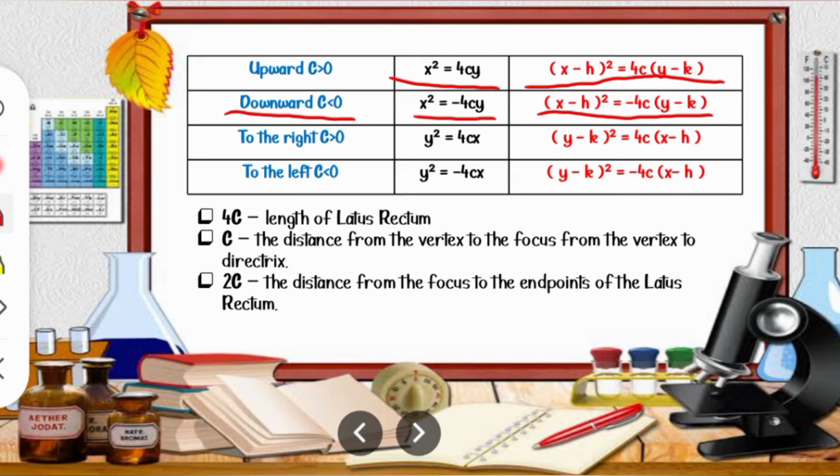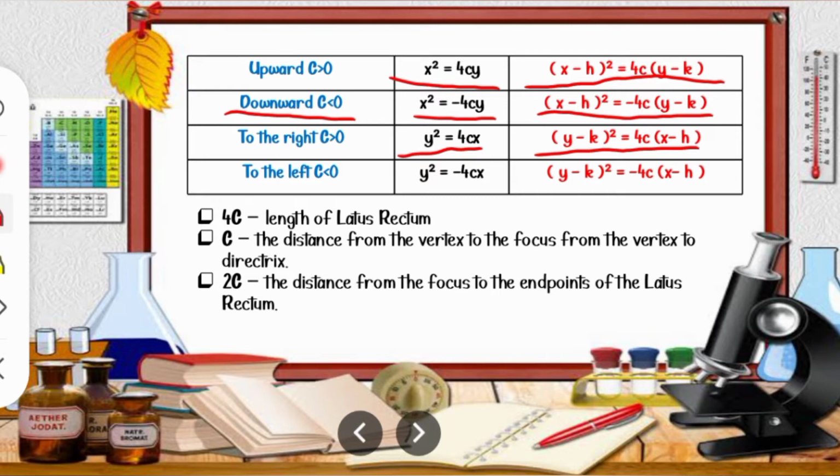Then for a parabola opening to the right, c is greater than 0, and the vertex at (0, 0) is y squared equals positive 4cx, and the vertex at (h, k) is (y minus k) squared equals positive 4c(x minus h).